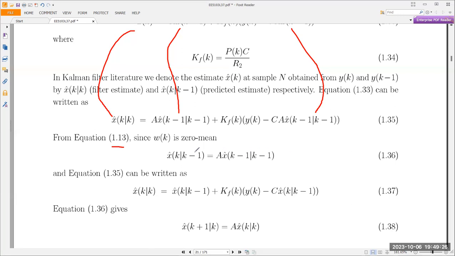If not, it's an educated guess. And this guess was based on yesterday's measurement. Today I didn't take the y measurement into consideration, whereas here you see y appear. To calculate this, I have to make use of y. So there is a difference.